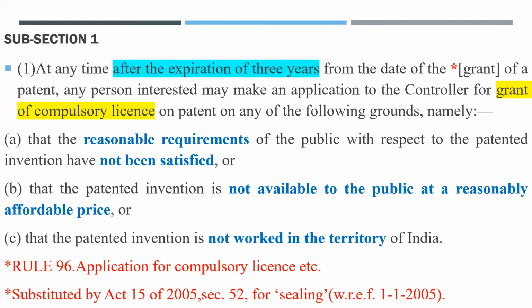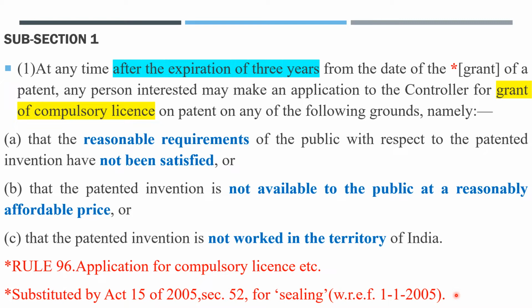So friends, first of all, let me show you the single star mark indicates substituted by Act 15 of 2005, Section 52 for sealing, with effect from 1st January 2005. So earlier the word was sealing and now the word is grant inside the square brackets after the amendment. Fine.